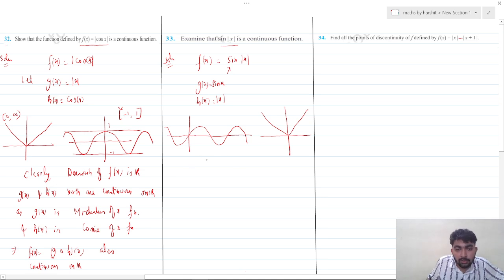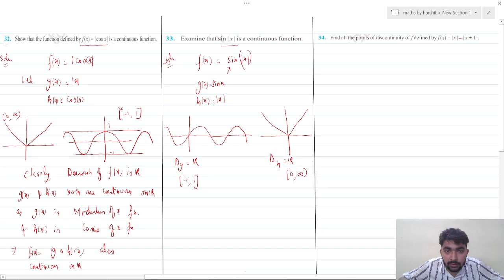Okay, so the domain for both of them, wait, I will write here, D of g is complete R, D of h is also complete R. The range of the above function is -1 to 1 and the range of this function is 0 to infinity. Okay, as you can observe here that this thing is given.